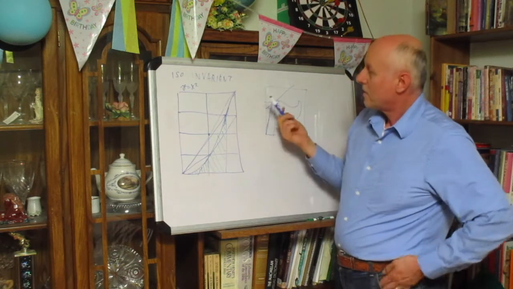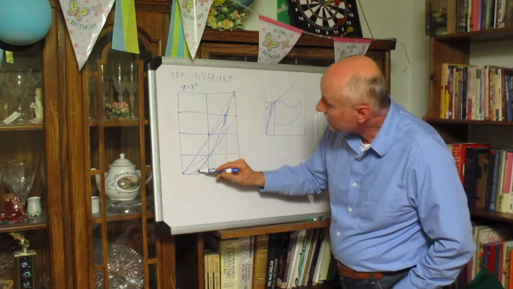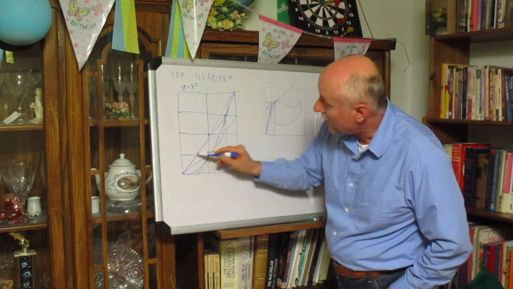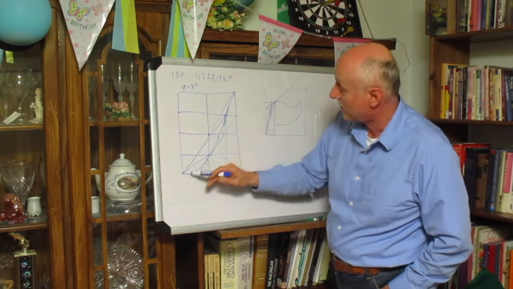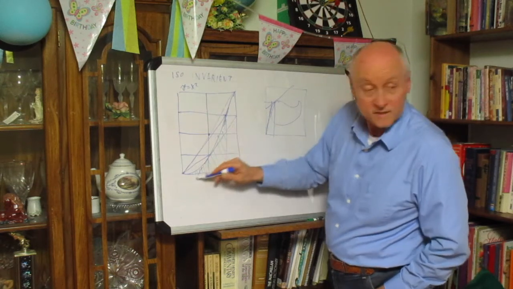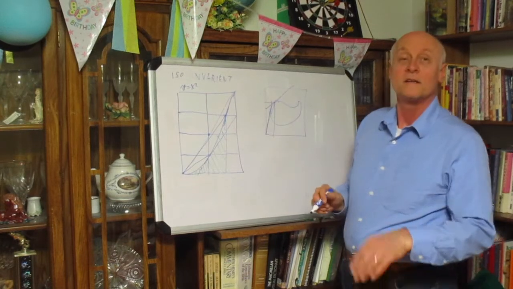And the same with the area too. The ratio of this area to this box is the same as the ratio of this area here to this box. That is Iso Invariant.